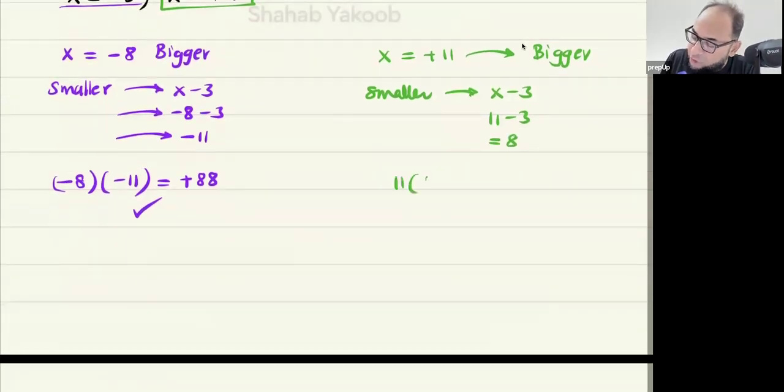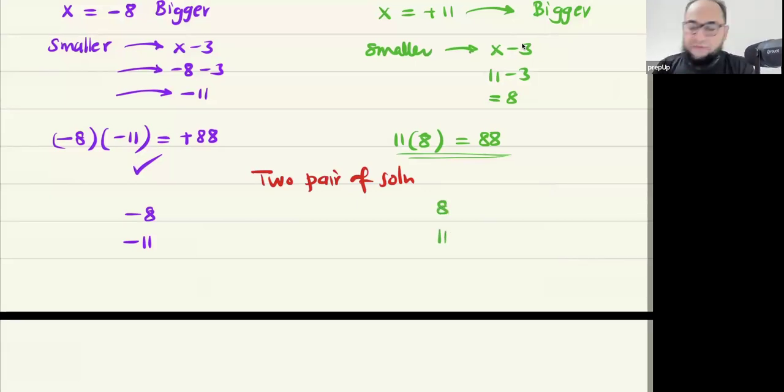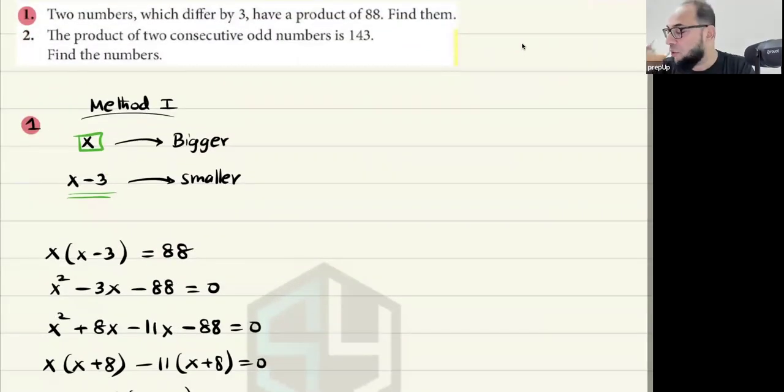So 11 into 8 is 88. So yes, this is also the answer. So there are two pairs of solutions. The first pair is the purple one, negative 8 and negative 11. The other pair is 8 and 11. They both give us the same answer, which is 88. Now this is the first method.